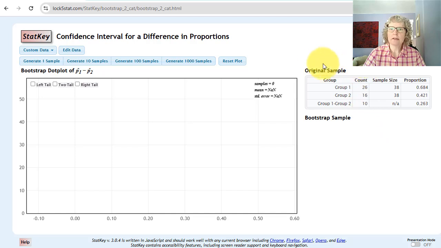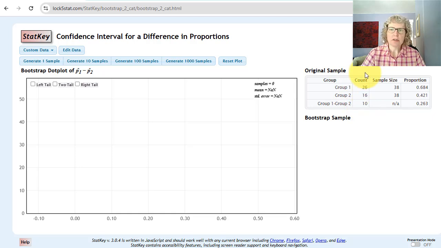Let's check this out over on the right hand side where it says original sample. We can double check our inputs here. Group 1 is 26 out of 38. It does give us the decimal version of each individual proportion. Group 2 is 16 out of 38, and then group 1 minus group 2.